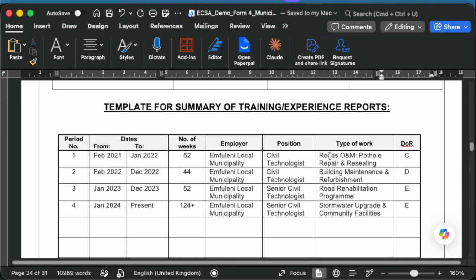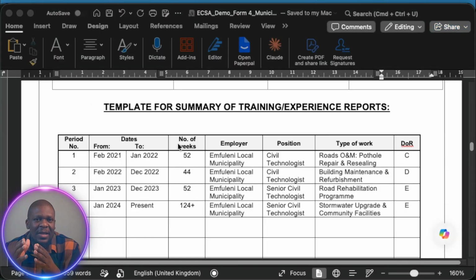If they assess that period, the highest degree of responsibility they had is C. Then in period two, they worked on various projects, however the highest degree of responsibility is category D. That enables the applicant to demonstrate progression from C to D. Then in period three, they are looking at a road rehabilitation program and their degree of responsibility is E. Then in period four, they are now senior civil technologists and their degree of responsibility is E. That enables them to map out their experience over the 5-year period.